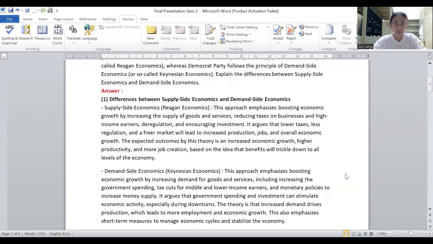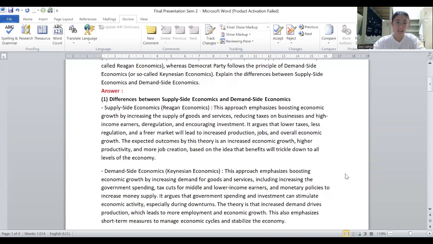It argues that lower tax, less regulation, and a freer market will lead to increased production, jobs, and overall economic growth. The expected outcomes by this theory are increased economic growth, higher productivity, and more job creation, based on the idea that benefits will trickle down to all levels of the economy.